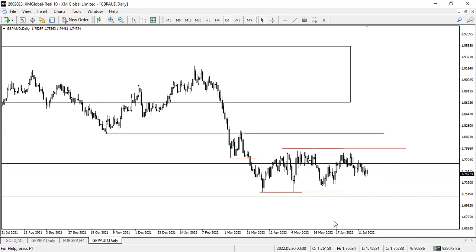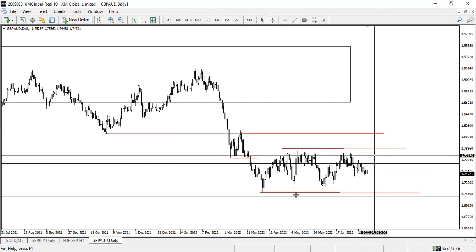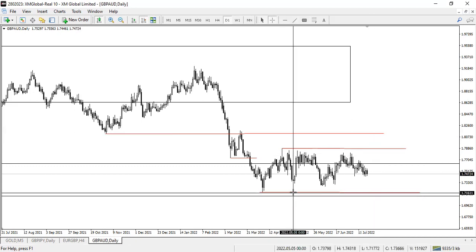Where exactly do you expect a break? We expect to see the market trade below this, and that is 1.71667. We expect to see the market break this with a candle.